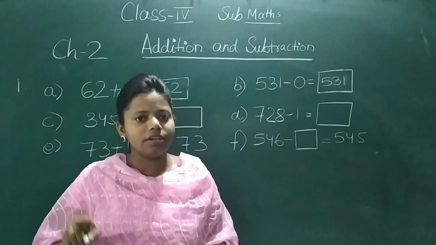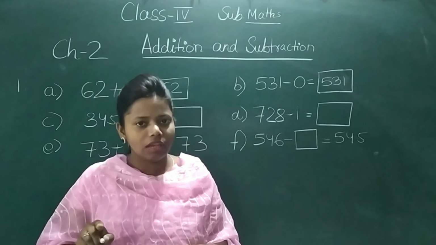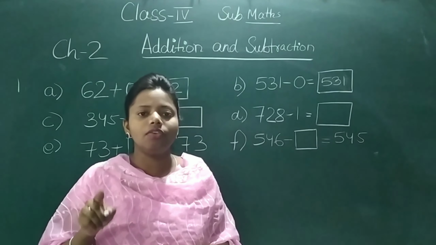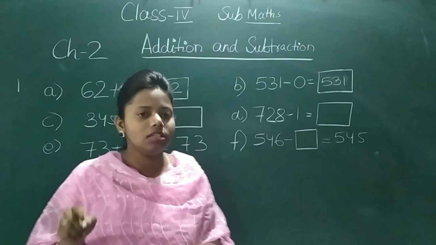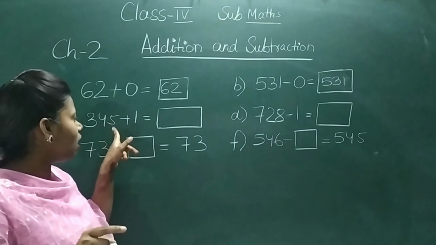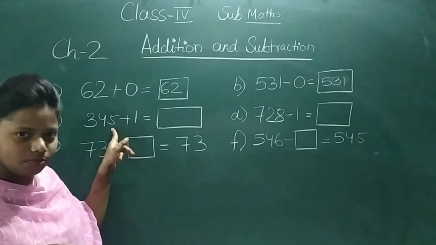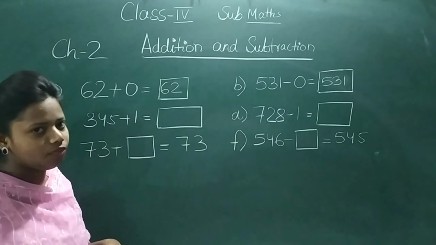Before you had 345. One more chocolate is added as your mother gave you. Now it will be 346. So 345 plus 1 will be 346.